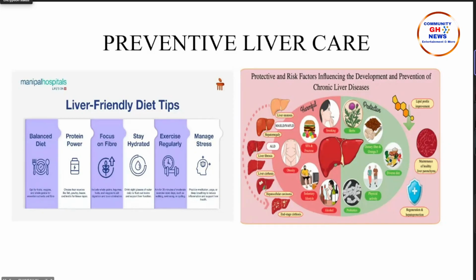As I mentioned, some of the liver-friendly diet tips is a balanced diet. If you take in more fruits, more veggies, whole grains, and foods that are rich in fiber, all these help with our liver function because they contain essential nutrients that will help the liver to function properly.